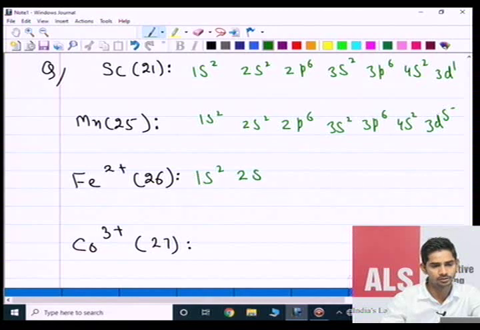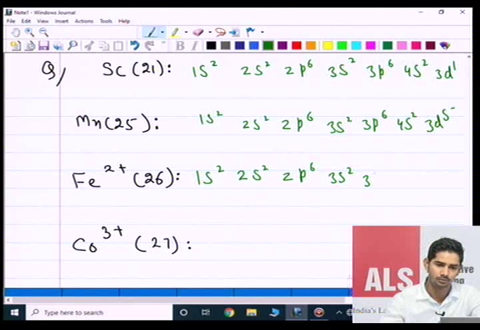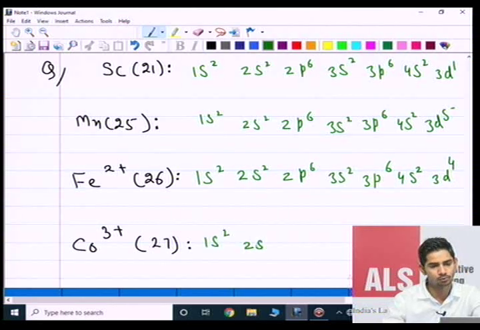Then 1s2, 2s2, 2p6, 3s2, 3p6, 4s2, 3d4. And 1s2, 2s2, 2p6, 3s2, 3p6, 4s2, 3d4.